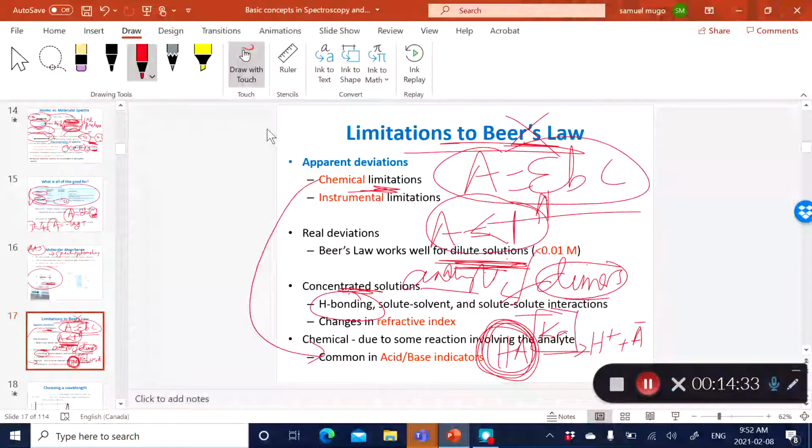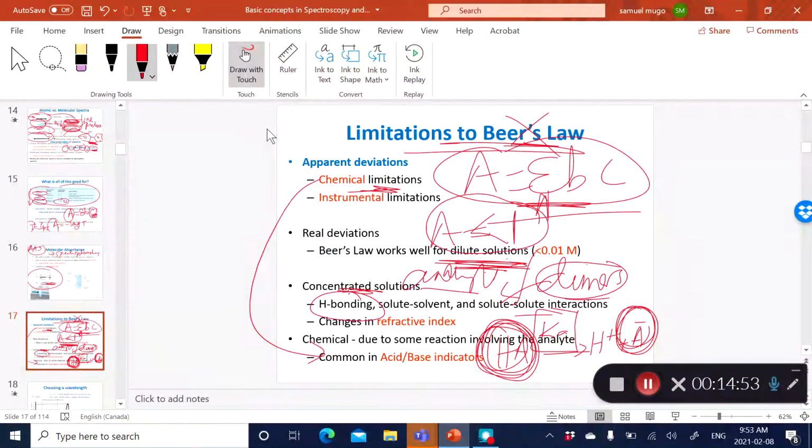So meaning, of course, the molar absorptivity of the conjugate base is very different from the molar absorptivity of the conjugate acid. And as such, now you've got two species that are actually interfering. And so for that reason, now we've got a problem.